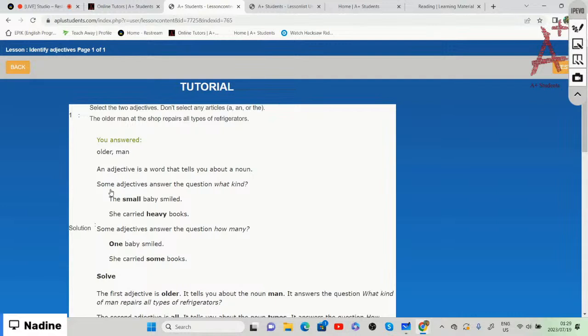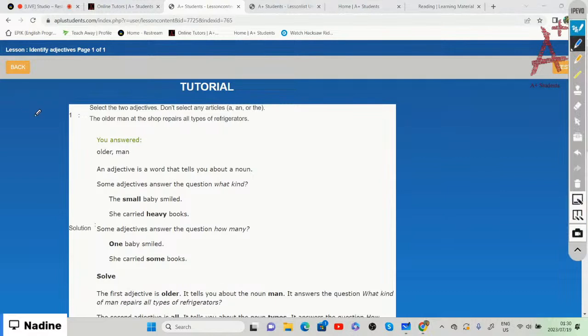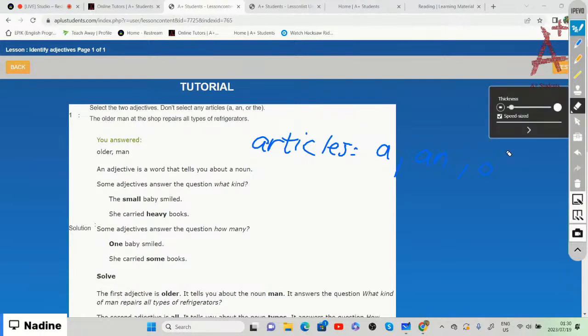And remember, whenever we have a sentence, right? Articles, which are a, an, or the, right?